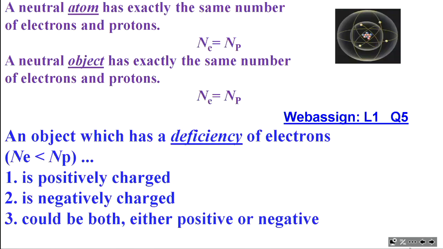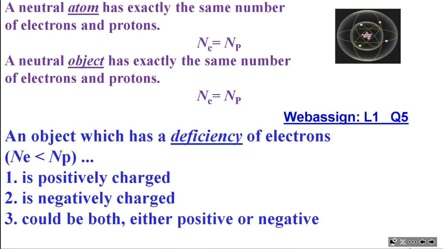Anyway, just to review our understanding, please answer this question. We have an object, for example, this red ball, and we know, doesn't matter how, doesn't matter why, but we know that it is missing some electrons compared to its neutral state.